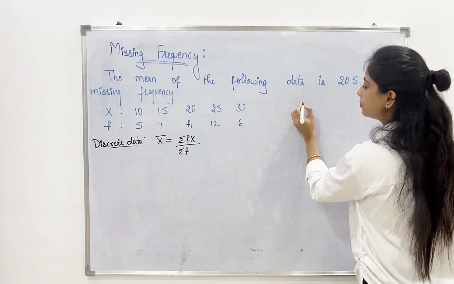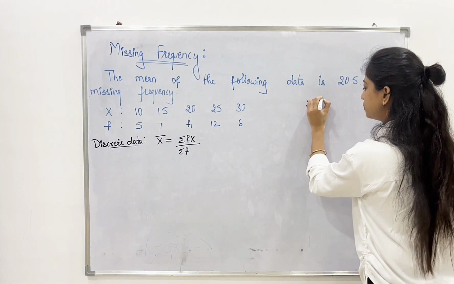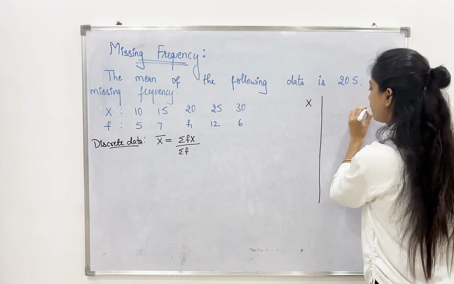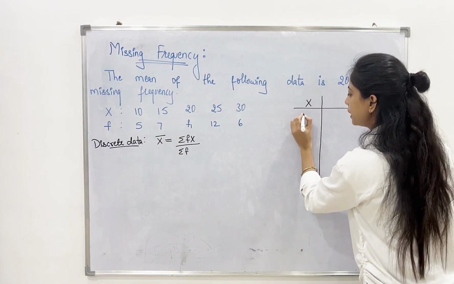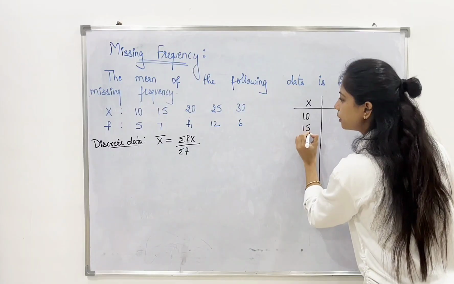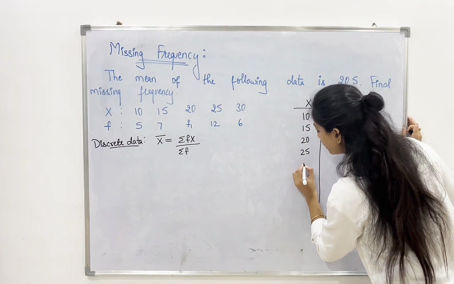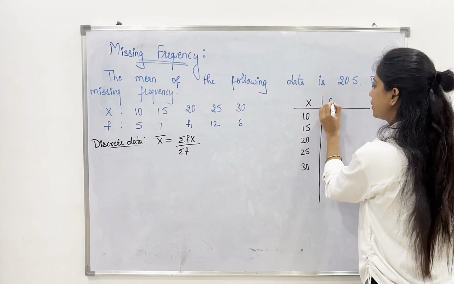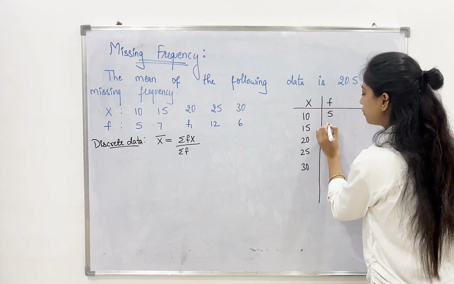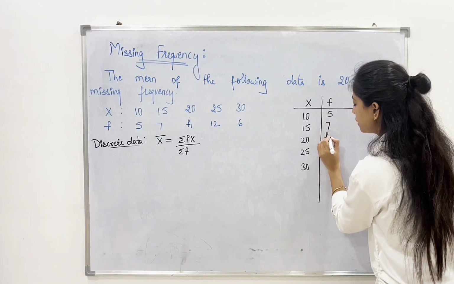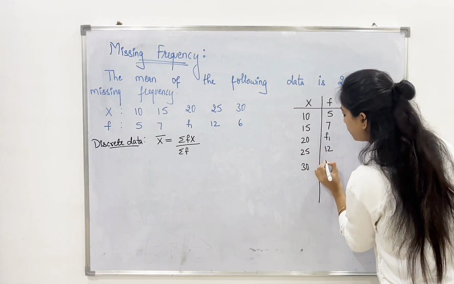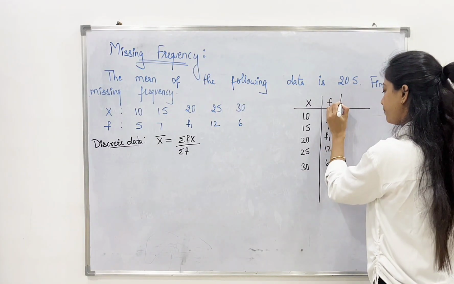X column: 10, 15, 20, 25 and 30. Frequency column: 5, 7, F1, 12 and 6.